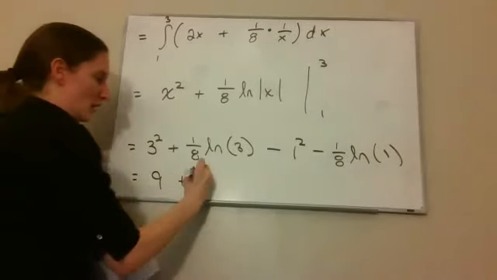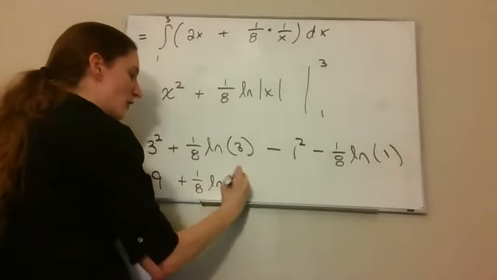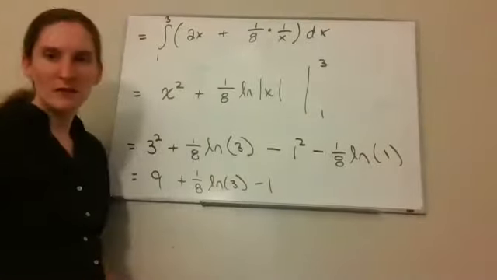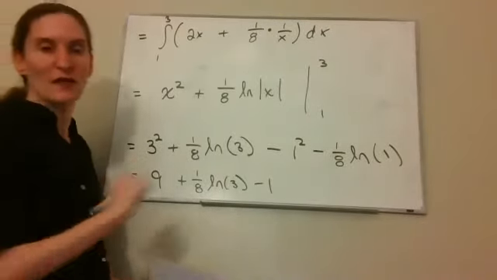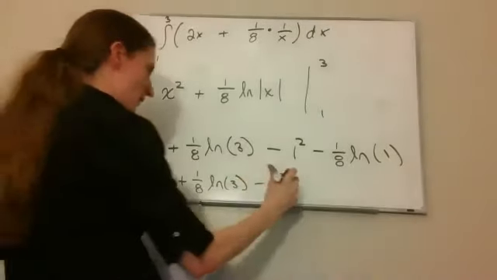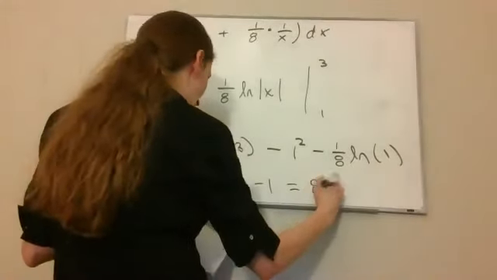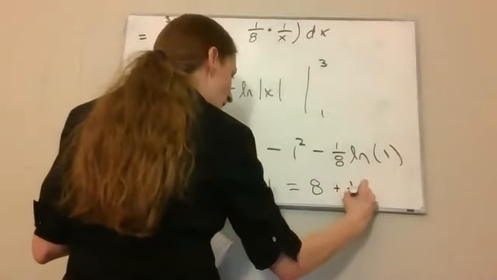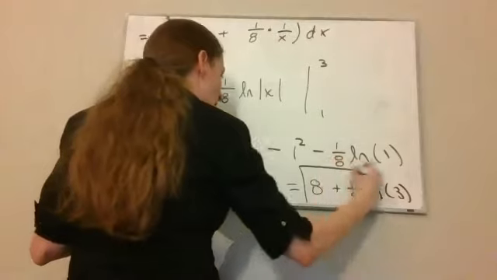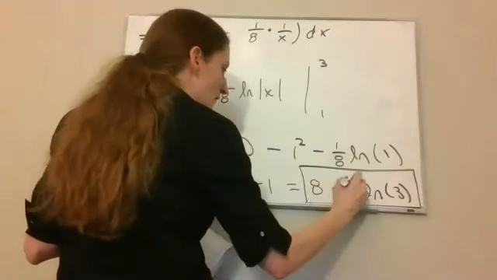That's 9, plus 1/8 natural log of 3, minus 1. And then what's natural log of 1? Natural log of 1 is 0, so that last term has disappeared. And now I can just combine my 9 and my minus 1 to get 8 plus 1/8 natural log of 3 as my final answer.